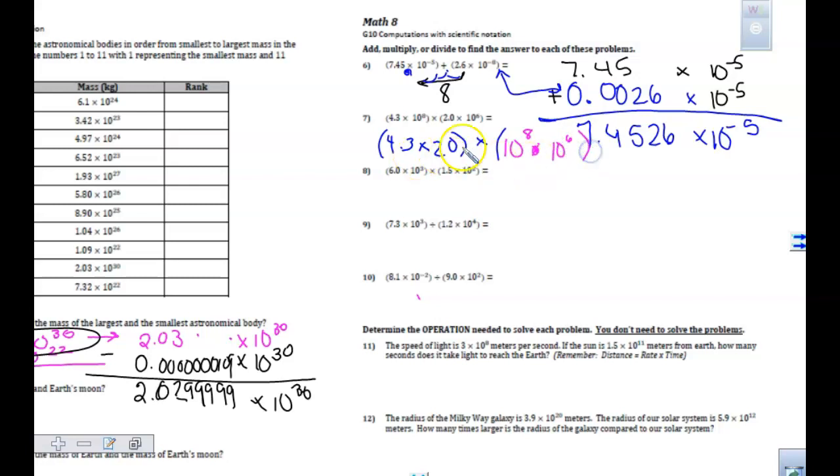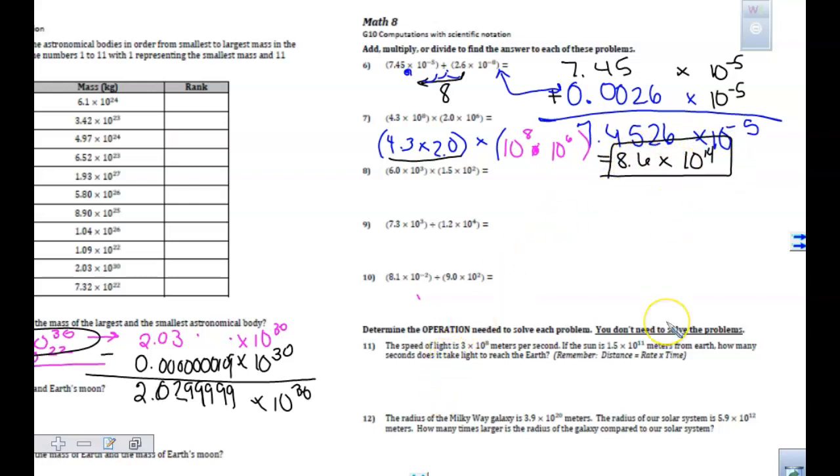Now, our rule of exponents that we just finished told us that when we are doing this problem, we multiply these two, which gives me the 8.6. And now I'm putting 10 and I add the 8 and 6. And 8 plus 6 gives me 10 to the 14. And this is in scientific notation, and I'm done with number 7.